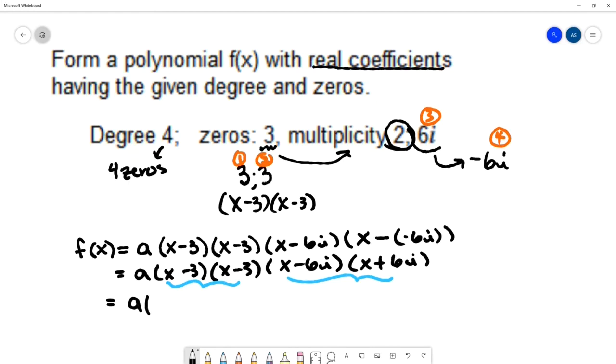So x minus 3 times x minus 3 would be x squared minus 3x minus 3x plus 9. Then x minus 6i times x plus 6i would give me x squared plus 6ix minus 6ix minus 36i squared.